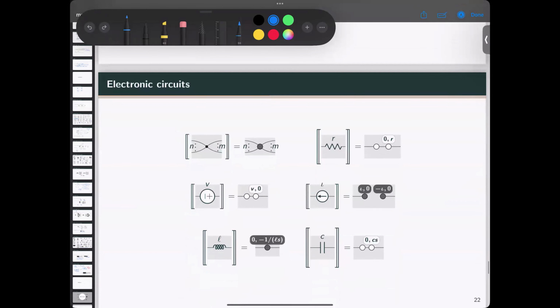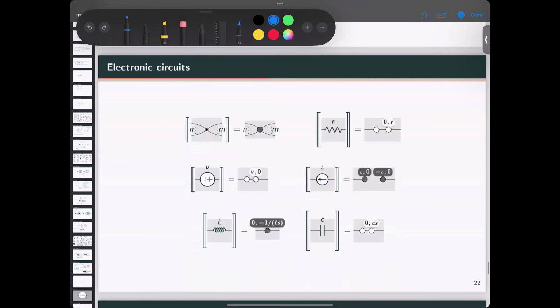Yeah. So it's quite quick, because I've basically just given interpretations of various things into our language. At the beginning of this talk, I said that we could interpret electronic circuits into affine Lagrangian relations. Now we can actually interpret electronic circuits into this category, graphical symplectic algebra, over the field.